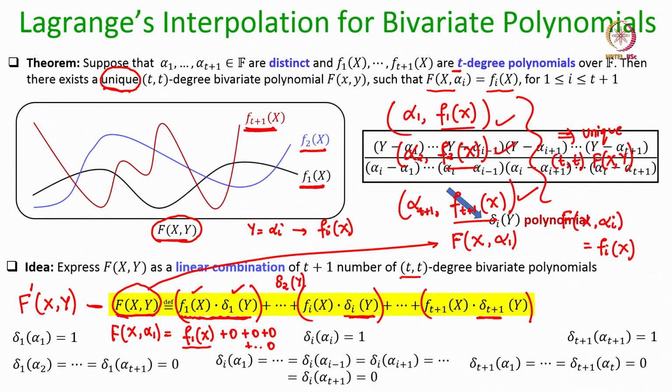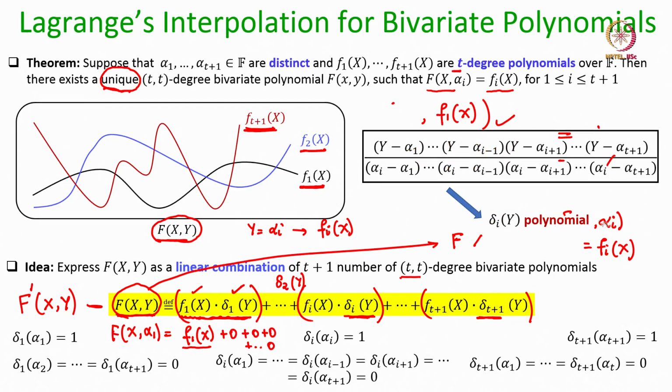So, now what will be the form for these delta polynomials which have these properties? Well, we already now know what should be the form of the delta polynomials as per our requirement. So, the requirement from the ith delta polynomial was that alpha i should not be the root, and alpha 1 should be the root, alpha 2 should be the root, alpha i minus 1 should be the root, alpha i plus 1 should be the root, and alpha t plus 1 should be the root.